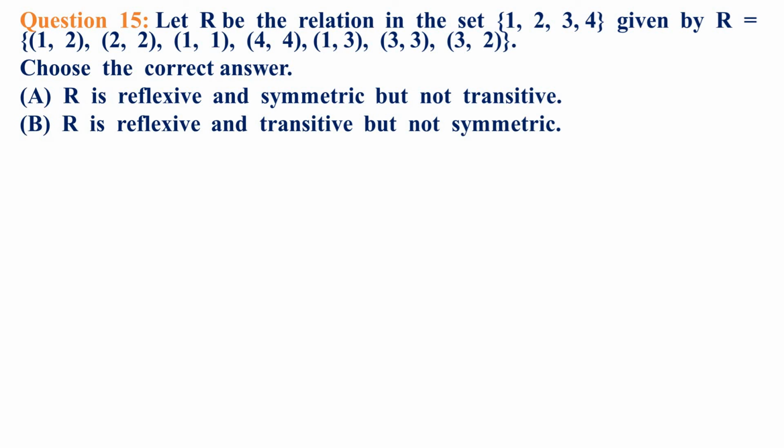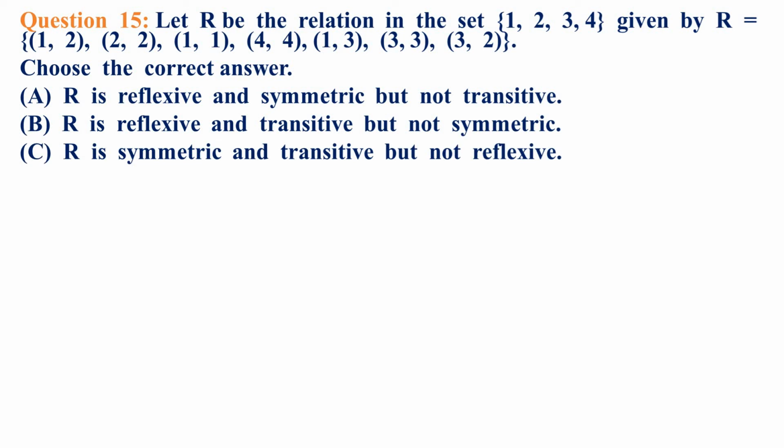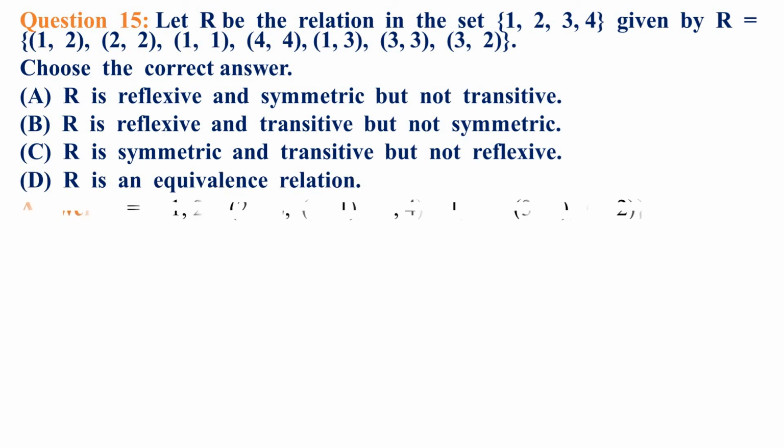B: R is reflexive and transitive but not symmetric. C: R is symmetric and transitive but not reflexive. D: R is an equivalence relation.